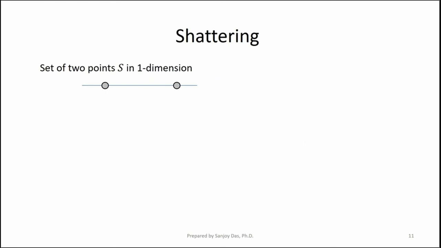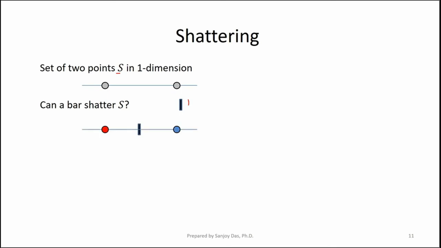So here's a set of 2 points in one dimension. And we have this blue bar here. Can this bar shatter S? S is the set of 2 points. Let's look at all possible dichotomies, or all possible labelings, of those 2 points.